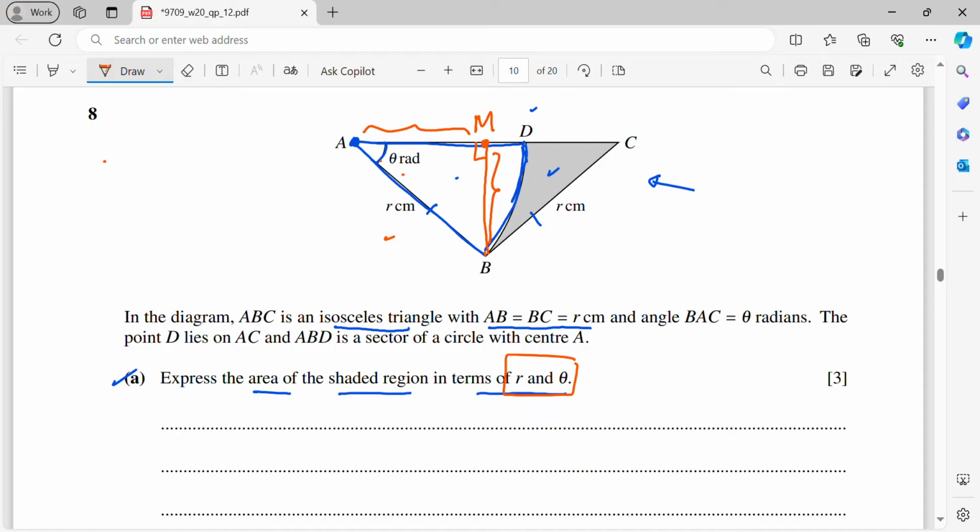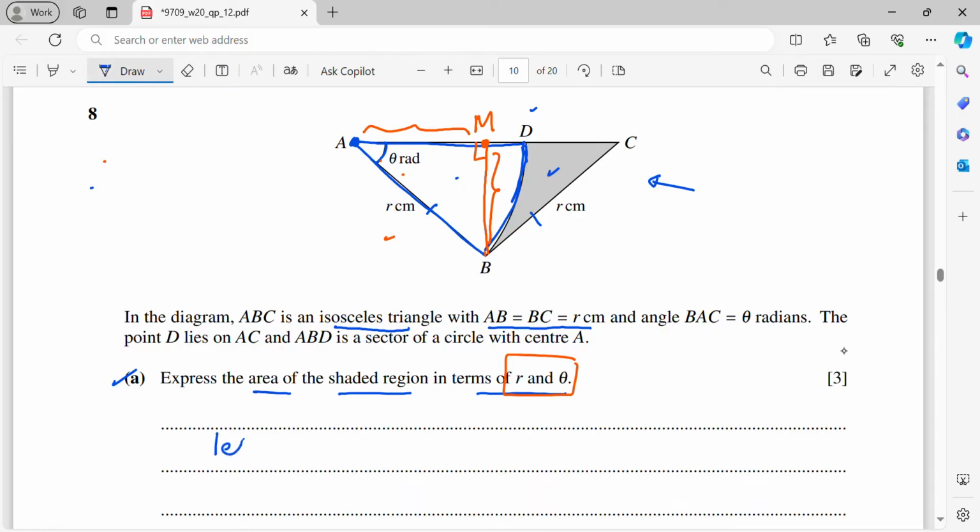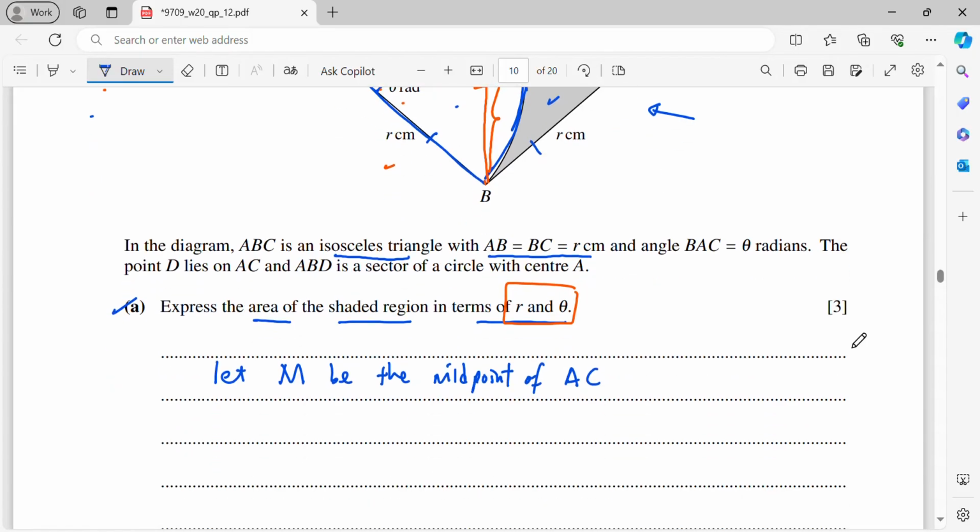Okay, now, firstly, I will define. So let M be the midpoint of AC. Okay, so then from here, if you want, you can just draw the diagram here.